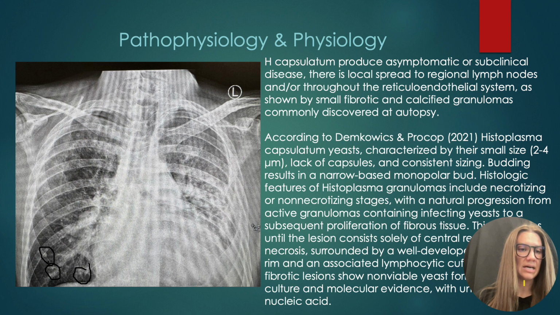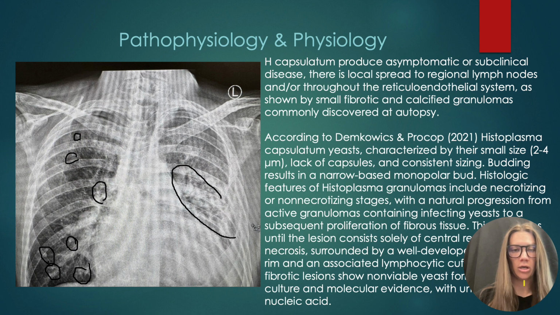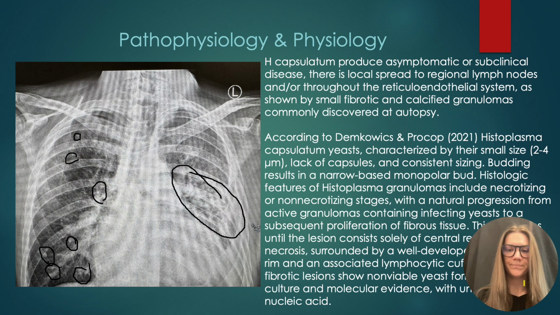They're consistent in size, small and circular, but these are the small fibrotic and calcified granulomas. They do spread throughout all of his lobes. And then there is some pulmonary congestion over here, along with some of the small fibrotic and calcified granulomas, but this ends up turning into a pneumonia on his upper left.